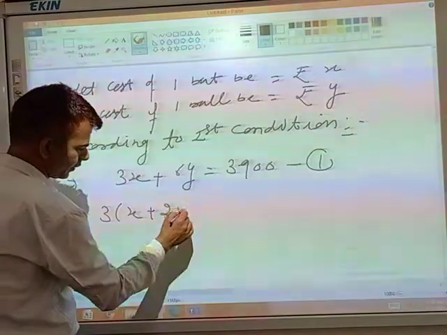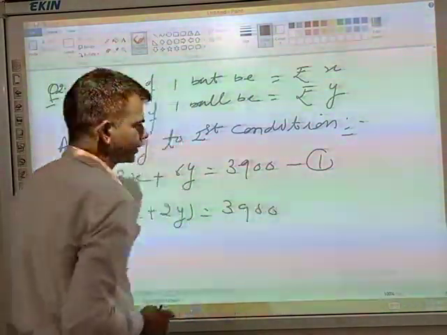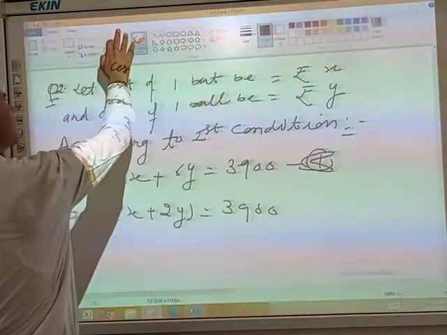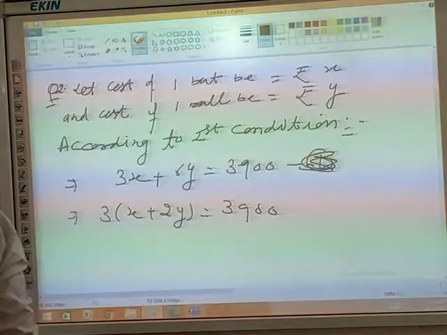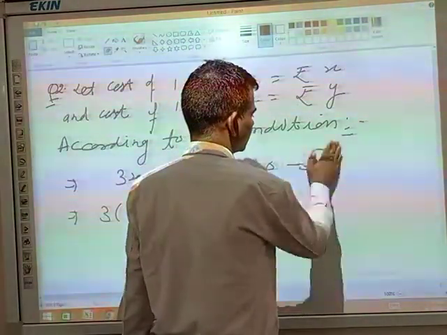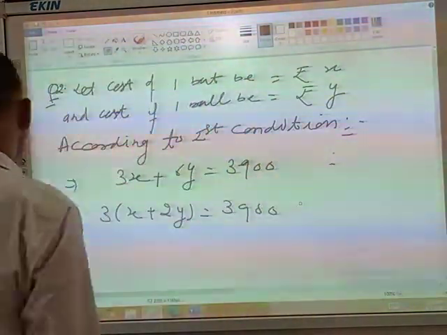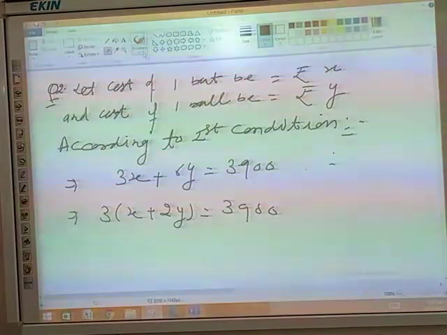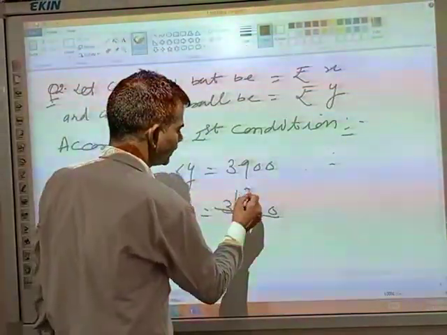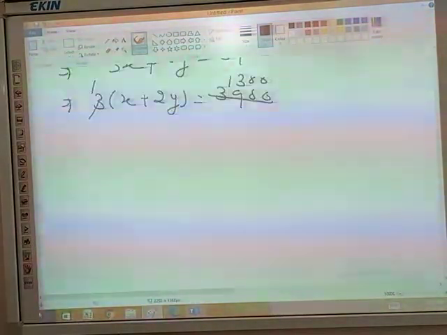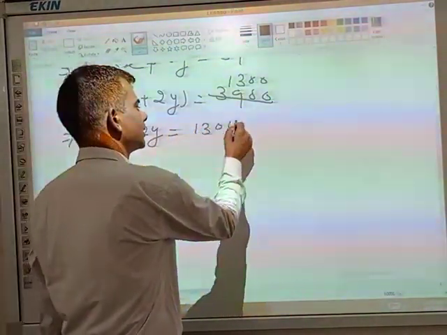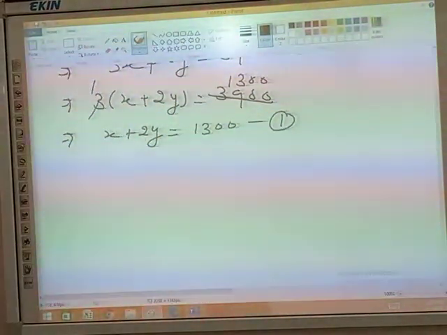Dividing by 3: x plus 2y is equal to 3900 divided by 3. 3 ones are 3, 3 threes are 9, so it becomes 1300. x plus 2y is equal to 1300. Equation first. Please note it down.